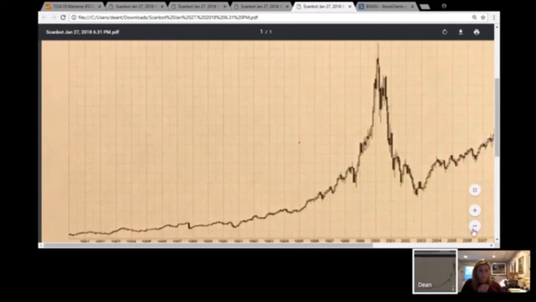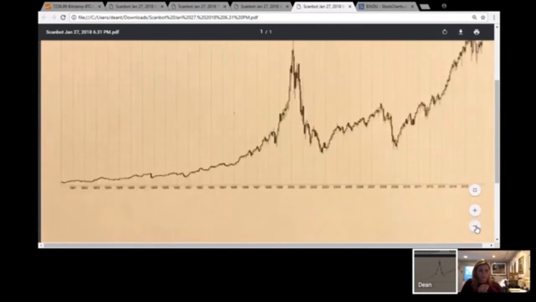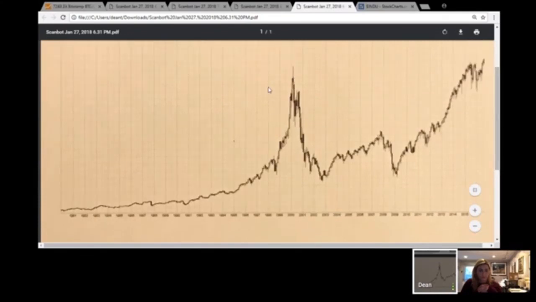Now, one of the other things that we talked about briefly is the fact that from this peak at 5,000 in the NASDAQ, it took us all the way to only 2 years ago before we regained that peak.